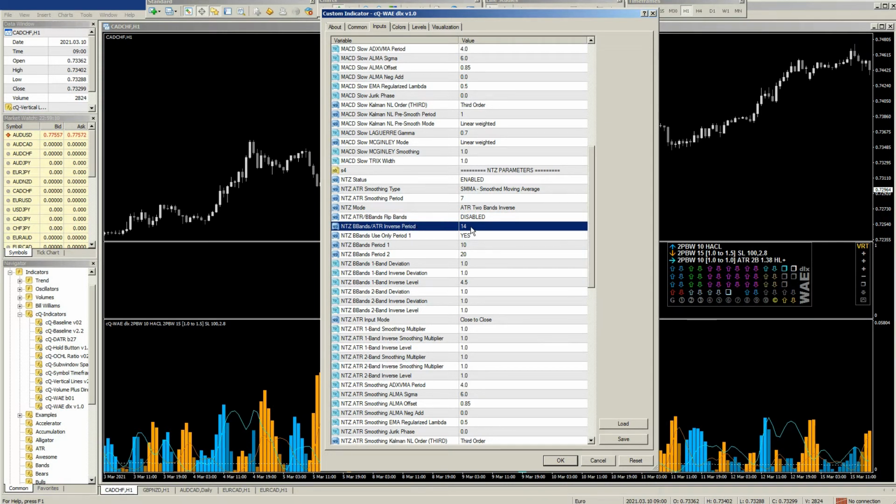It has an inverse, where it basically takes a static level ATR and, for example, the ATR single band mode, which is probably the easiest one, it has a static ATR level that is constant throughout. That level is set here, the period is set here, and the multiplier is set for each of the various modes. They're set down here.